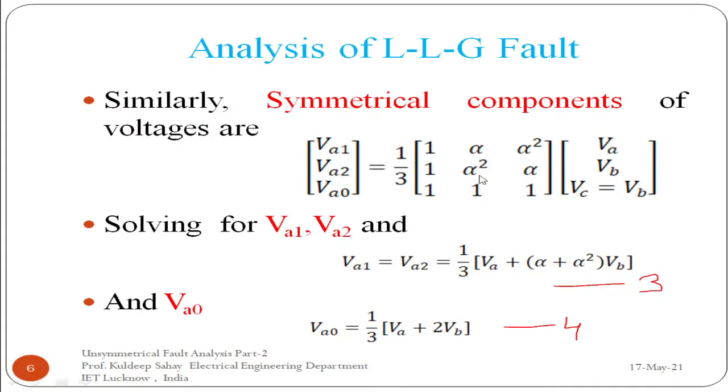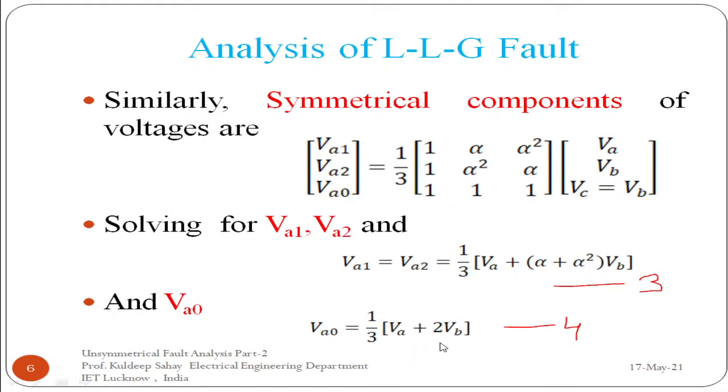Similarly for the negative sequence voltage, you get that the positive sequence voltage and negative sequence voltage are equal, while the zero sequence voltage is equal to 1/3 within brackets VA plus 2 VB, because VB plus VB becomes 2 VB.